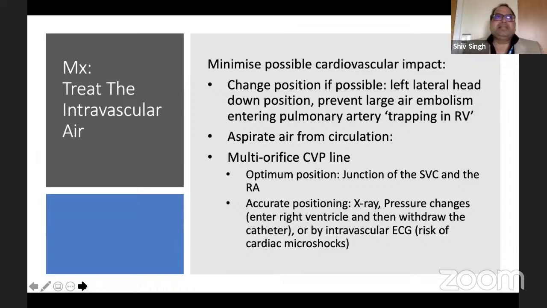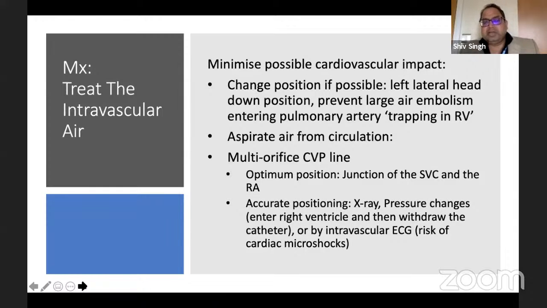If you're placing a multi-orifice CVP line in cases which are high risk for venous embolism, the optimum position is considered to be at the junction of the SVC and the right atrium. Accurate positioning can be done with X-ray guidance or by looking at the pressure changes. Obviously, when the patient is already anesthetized and it's actually happening, X-ray is not an option. But when you're putting in a central line, attach it to a transducer and keep looking at the waveforms.